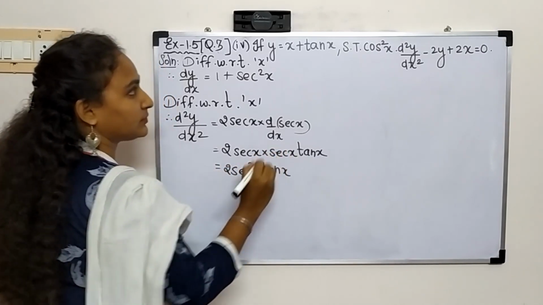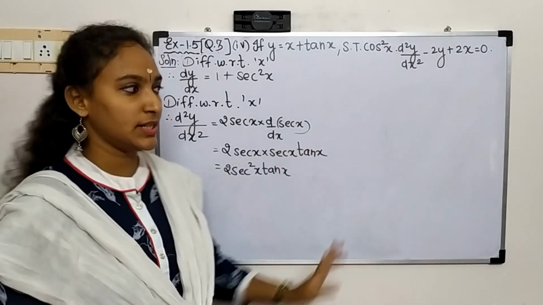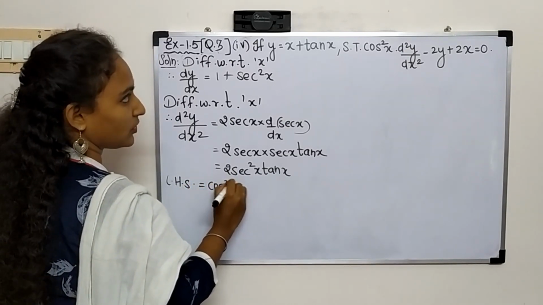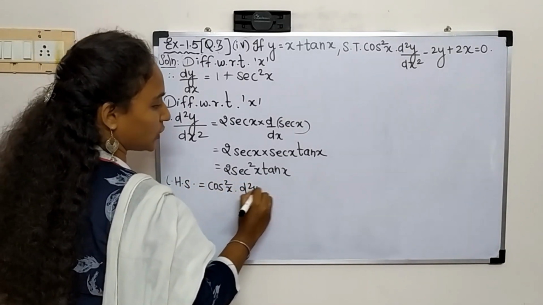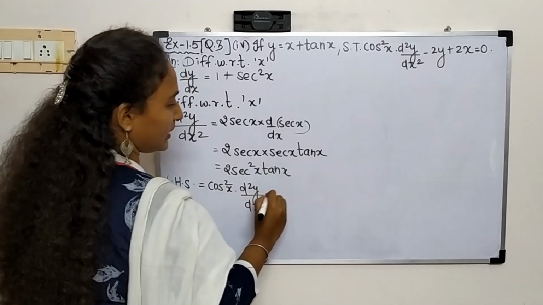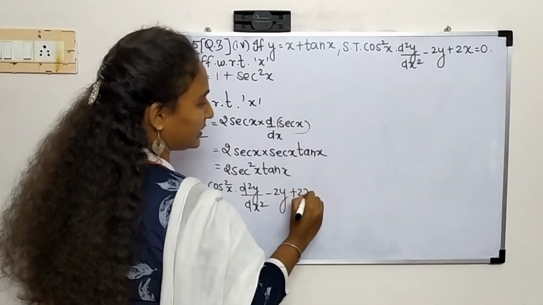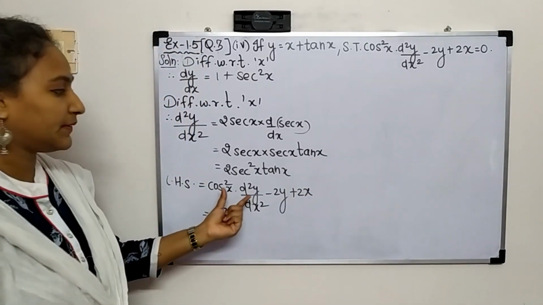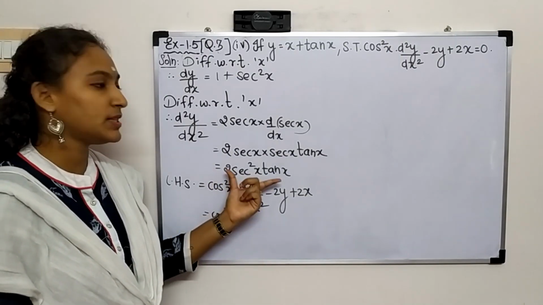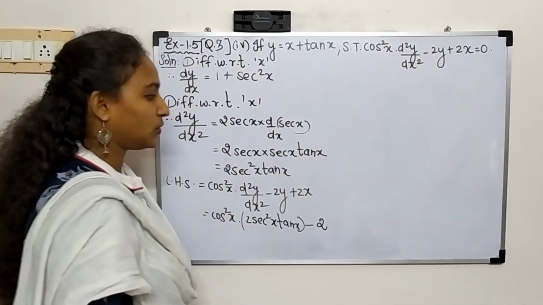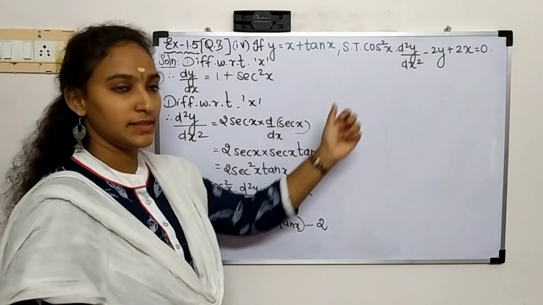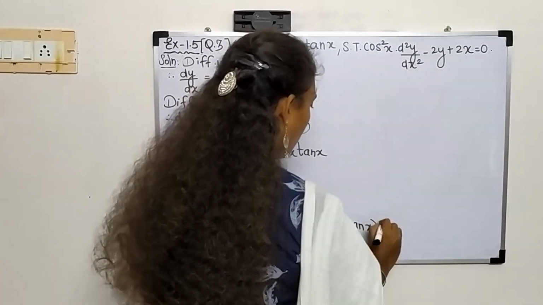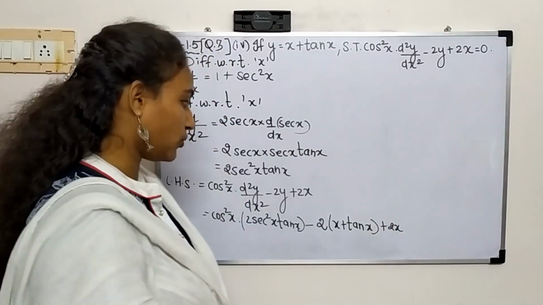Okay. Now consider your LHS. LHS is equal to cos square x d square y upon dx square minus 2y plus 2x. So cos square x into our d square y by dx square, which is 2 sec square x tan x, minus 2 times y, our y is x plus tan x, plus 2x.